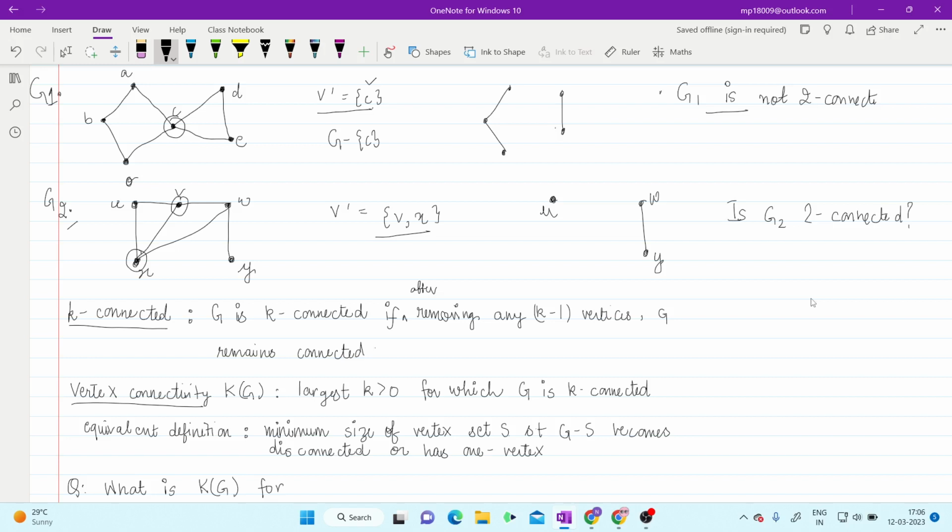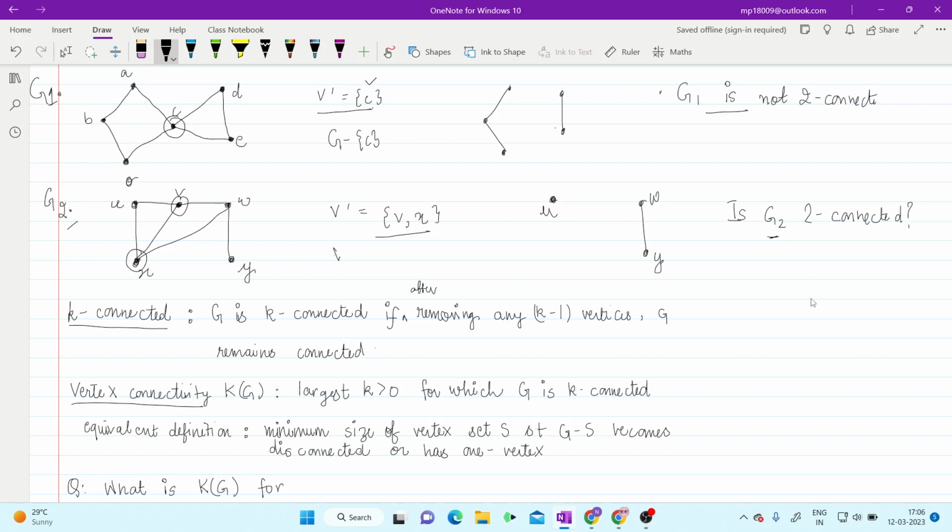Okay, so are you sure that if we do it with any vertex, the graph remains connected? So does everyone think that G2 is 2-connected? Let's check.